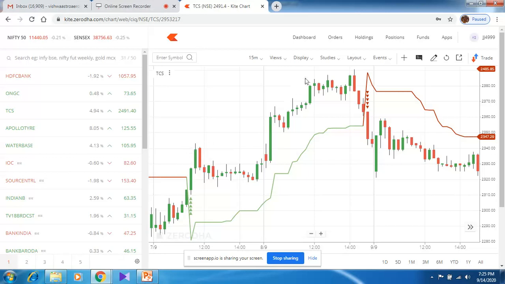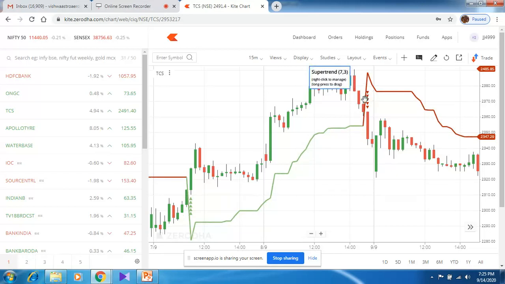Now similarly, if the trend changes somewhere here, let's say the trend has changed over here and the people have started selling their stocks after buying them for a long time from here to here, and here they've started selling their stocks, and here super trend gives us an indication to sell the stocks or to sell and buy.